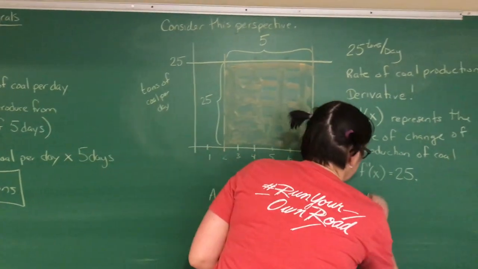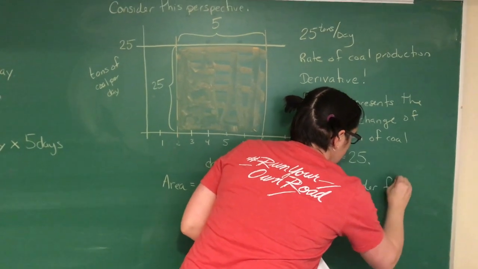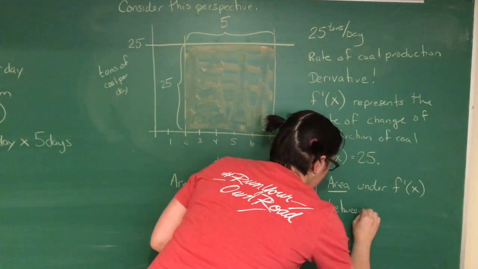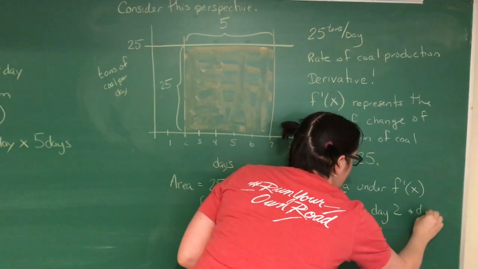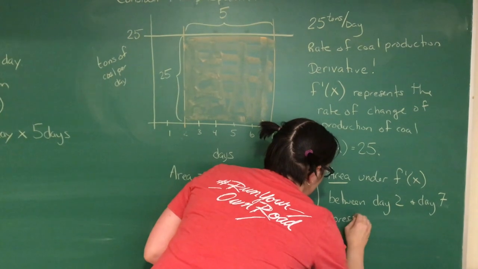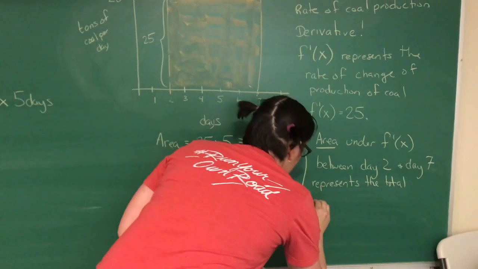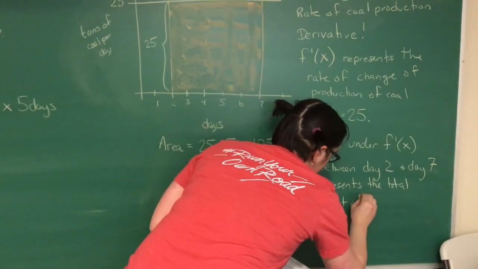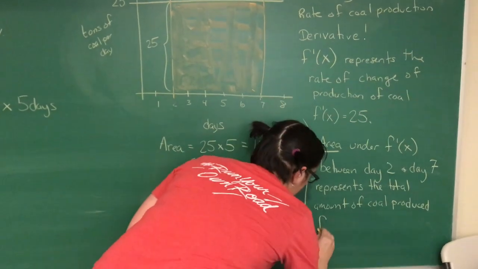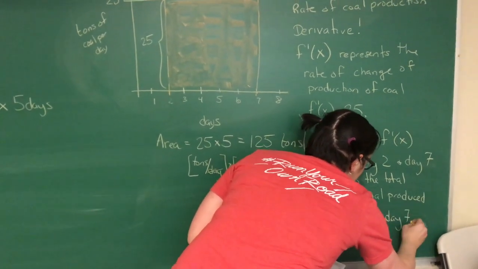So I'm going to write that down over here. The area under f prime of x between day 2 and day 7 represents the total amount of coal produced from day 2 to day 7.